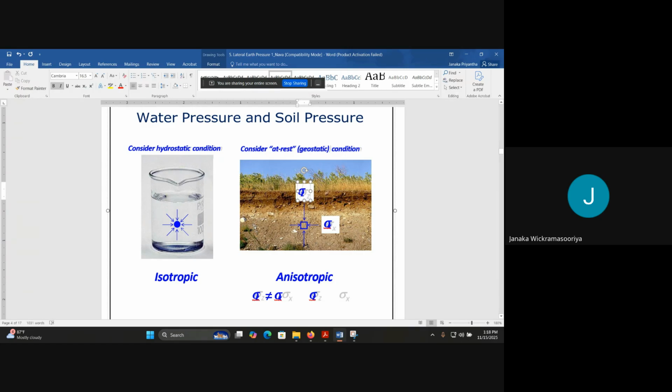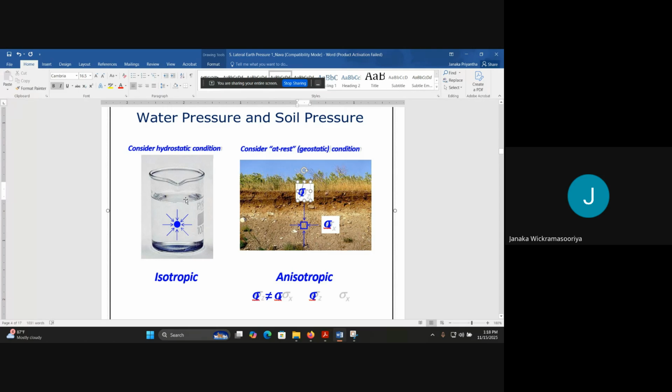Now let's take this word isotropic. The meaning of isotropic is the properties are the same in every direction. Now consider the hydrostatic pressure, the water pressure.